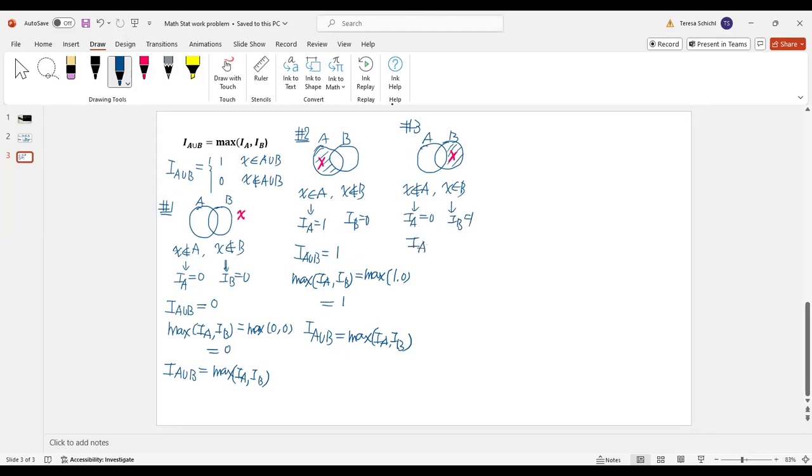Because X belongs to the union, IA union B equals 1. The max of IA, IB is the max of 0 and 1, which is 1. So in this situation I also proved IA union B is equal to the max of IA and IB.